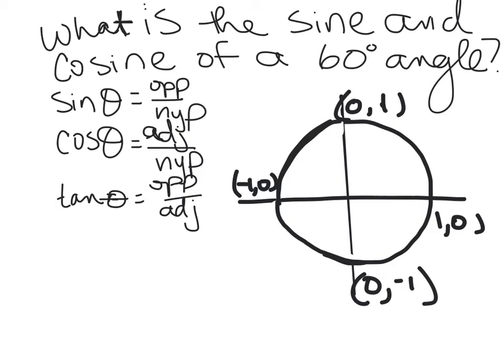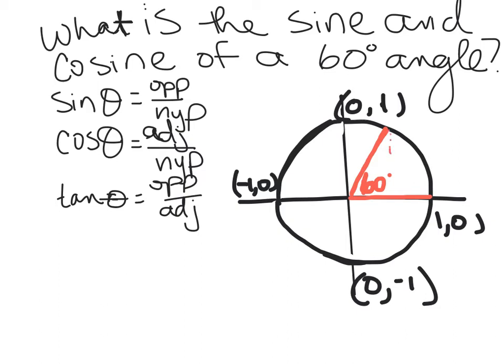So if I wanted a 60-degree angle, and make a 60-degree angle here, and then I use my knowledge of right triangles to help me find this value.